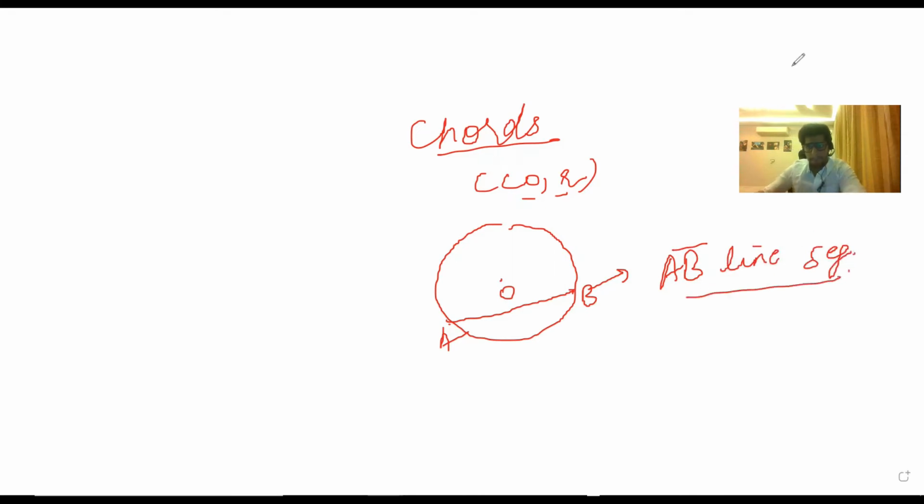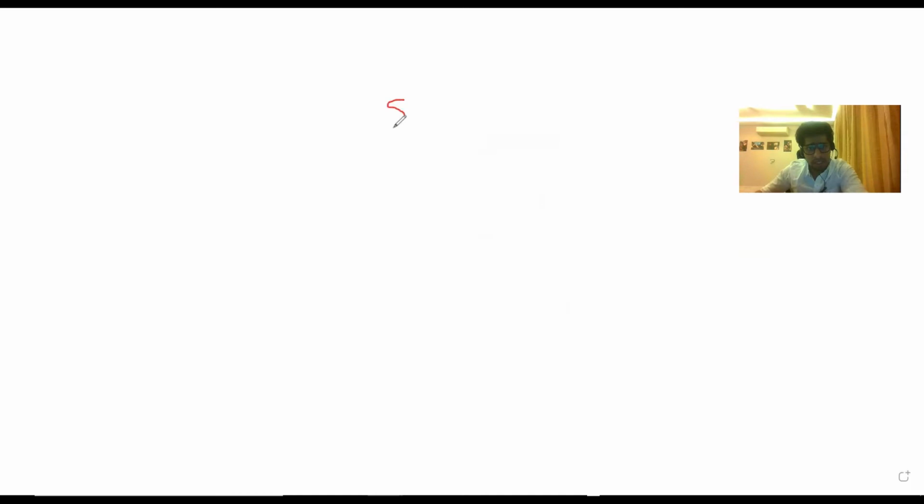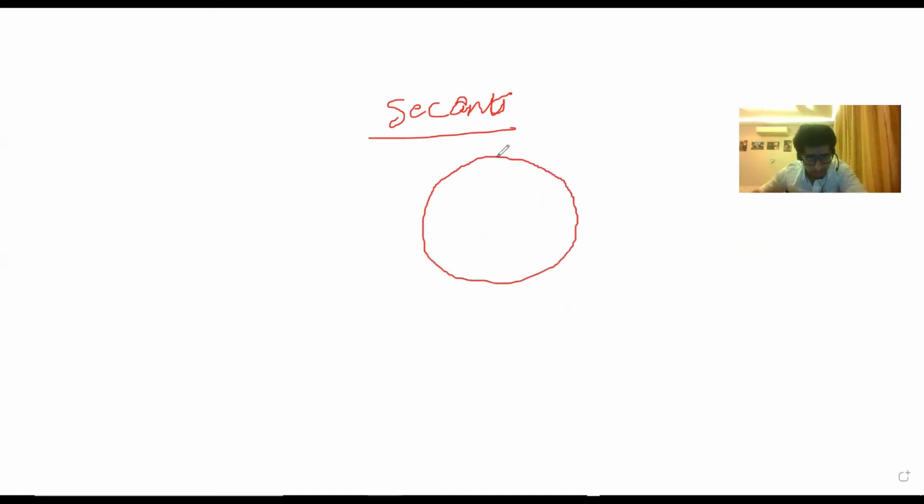Now what are secants? The definition of a secant is also similar, but there's one difference: a secant is a line passing through the circle, intersecting it at any 2 points. So this is A and B, and this is the center O. What is the difference between a secant and a chord?